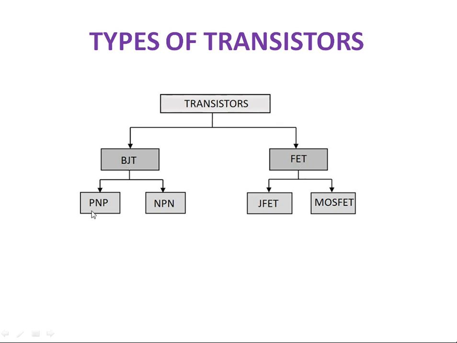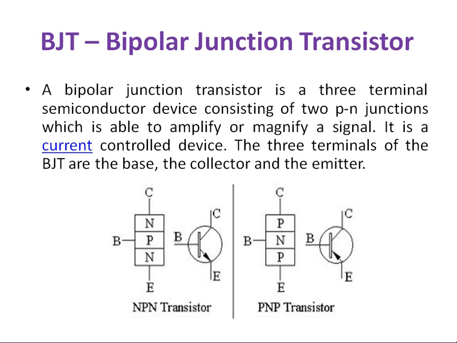Bipolar junction transistor can again be classified into PNP and NPN transistor, and FET can be classified as JFET and MOSFET. It is further classified into N channel MOSFET and P channel MOSFET. In your syllabus they have given only BJT, so we will discuss only bipolar junction transistor in the future lectures.